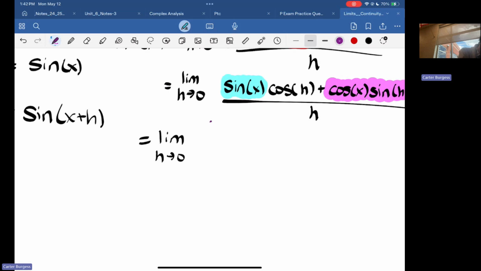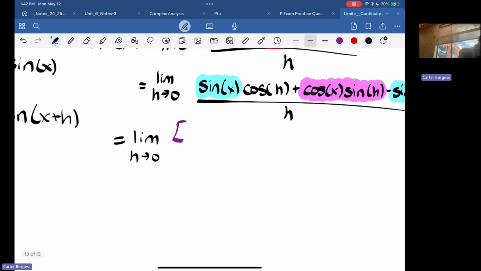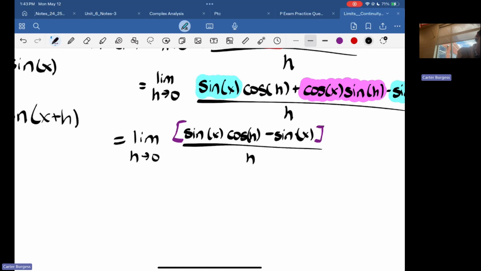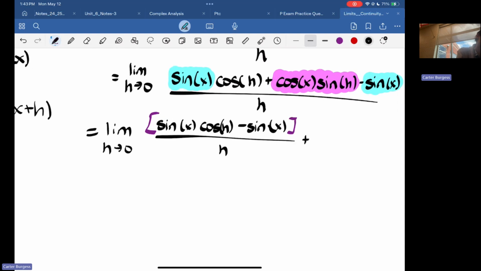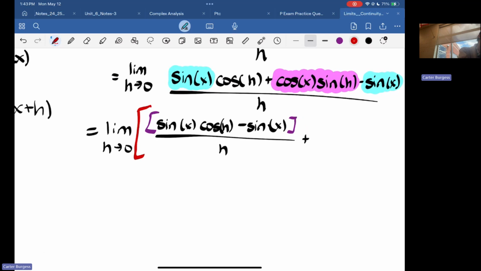So this is going to be sine of x times cosine of h minus sine of x. I'm actually going to go ahead and split this fraction apart into two fractions divided by h, plus, big bracket here, cosine of x times sine of h over h.